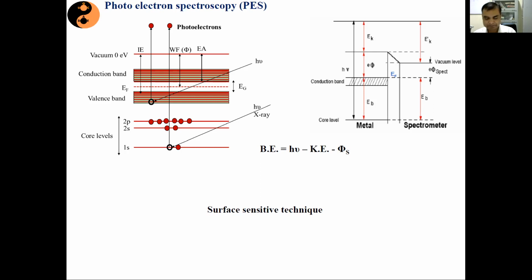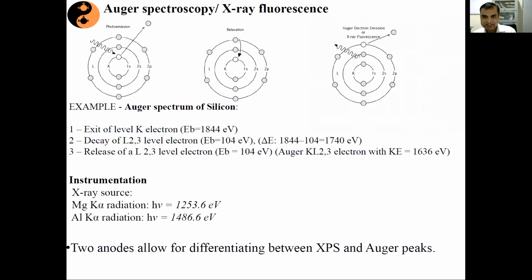Now, as I said, in the photoelectron emission process, when an X-ray photon is absorbed by an electron, suppose in the K shell, then the K shell electron is emitted out and we have this photoemitted electron. Once this electron comes out from the K shell, there is a hole.